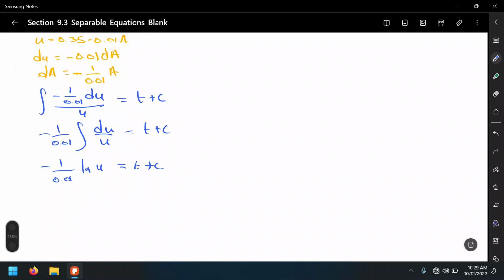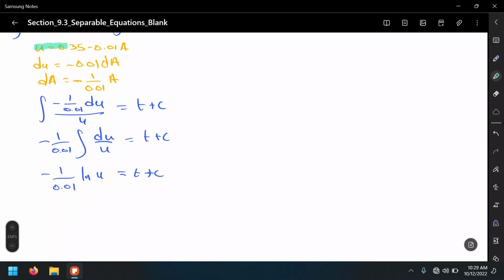Now we need to back substitute for u, which, recall, we set up as 0.35 minus 0.01A. In this case we don't need absolute values, because we are dealing with positive quantities. These are physical amounts, it's the amount of alcohol, so there's no such thing as negative quantities. So negative 1 over 0.01 ln of 0.35 minus 0.01A equals t plus c.